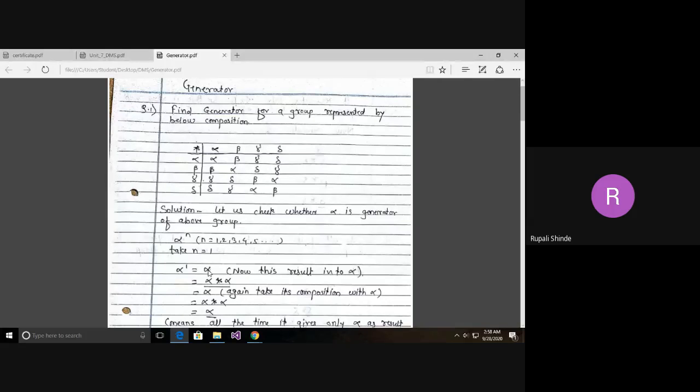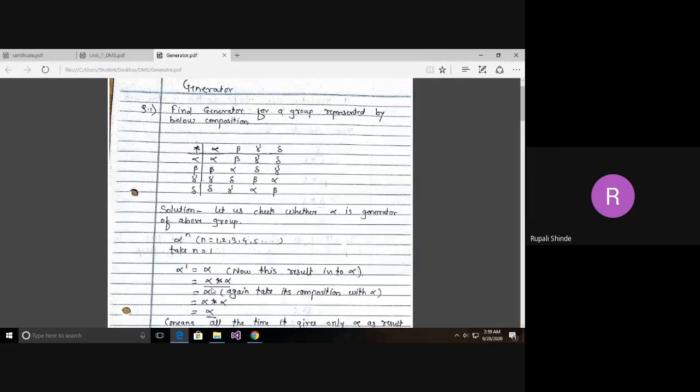Now for the next composition we have to consider this result. This result is alpha. Again we have to take its composition with alpha, and here that composition symbol is the star symbol. That's why alpha star alpha. What is the result for this composition? Alpha star alpha is again giving us alpha. That's why that alpha is written here.